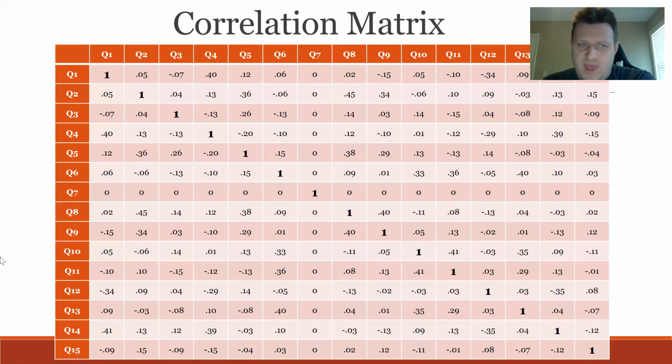Here we have the major diagonal, and every correlation on either side of it appears twice. The correlation between question 1 and question 2 is 0.05, and we see it on either side here. So each correlation appears twice, and the correlation matrix is symmetrical.